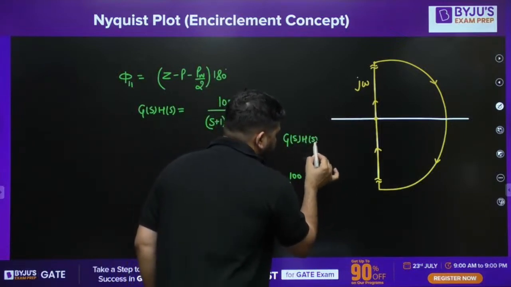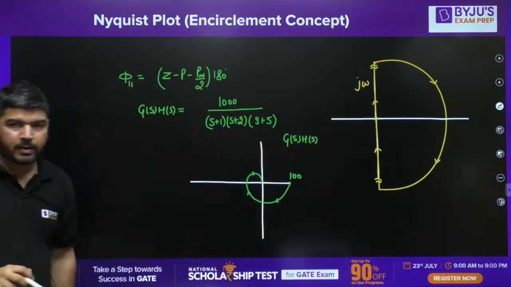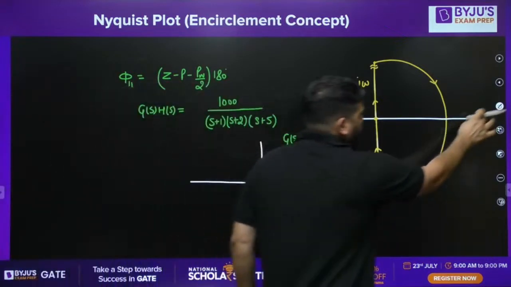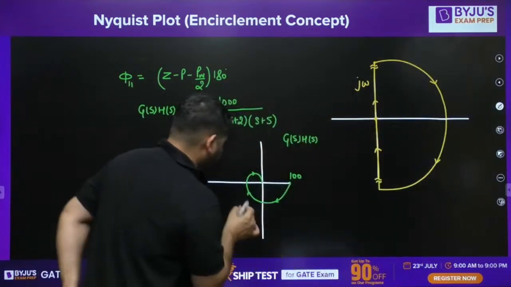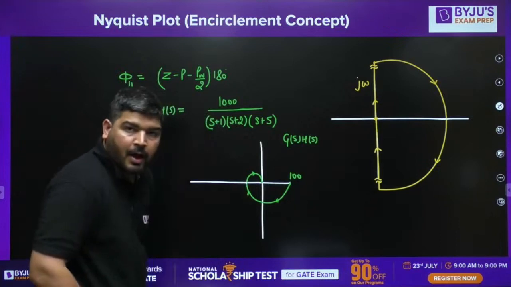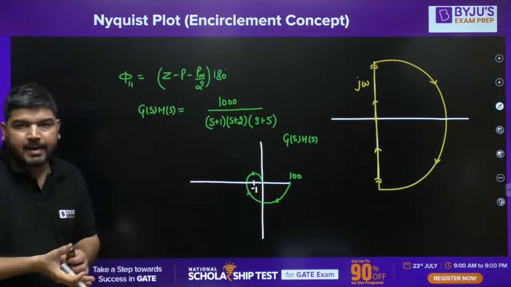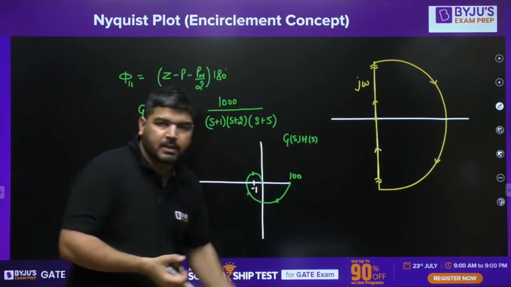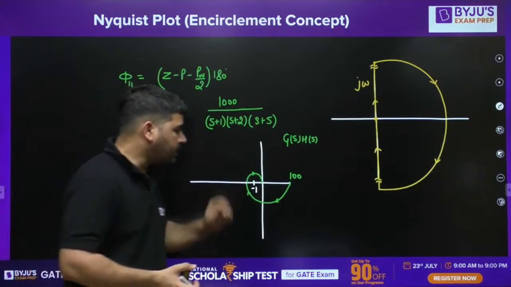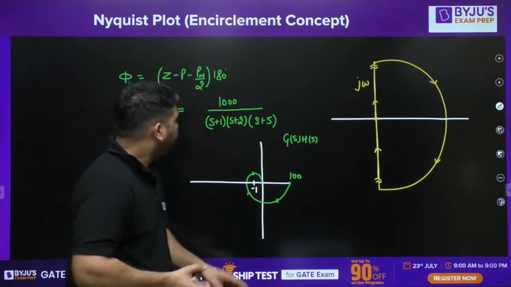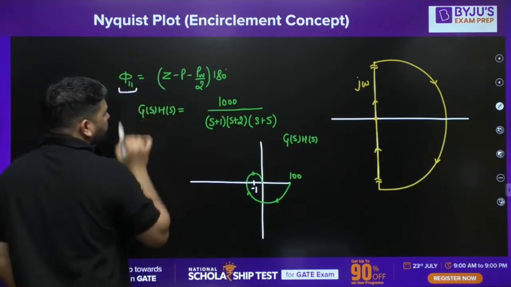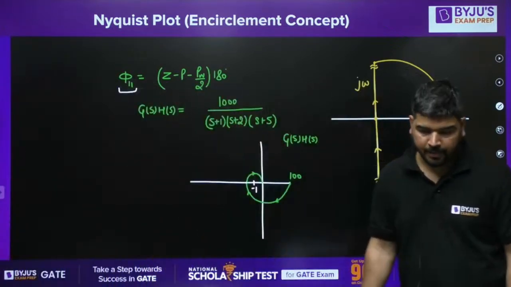Now how to calculate this phi 11? First of all, let's try to understand. You have to check whether -1 is inside this or outside this. Let's say for the time being -1 is inside. Now this phi 11 is the angle with respect to -1.